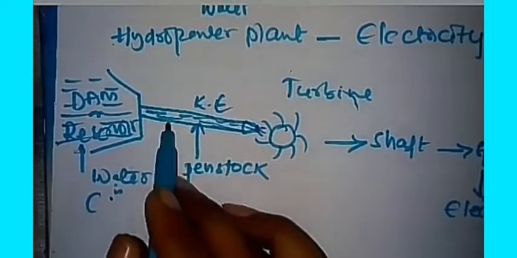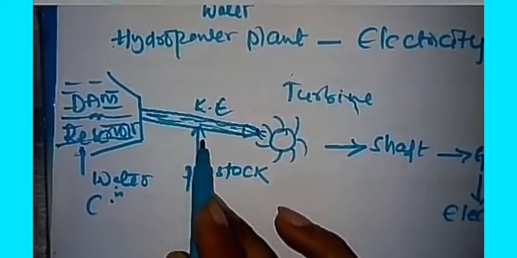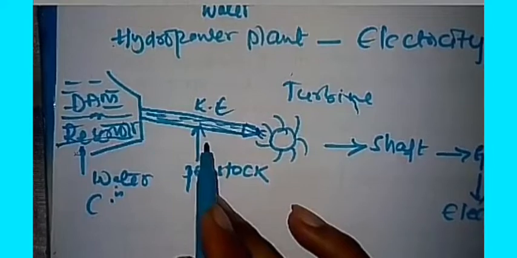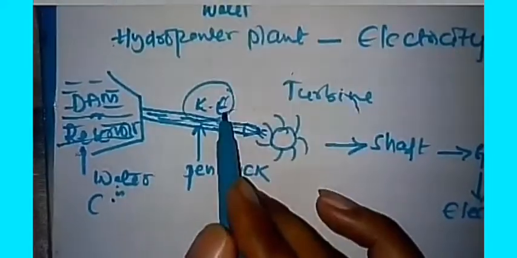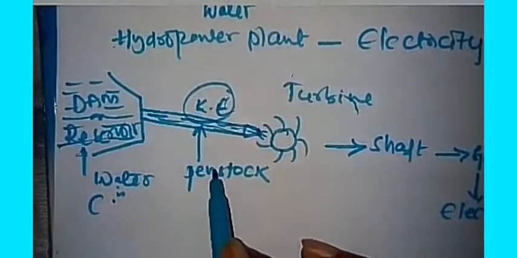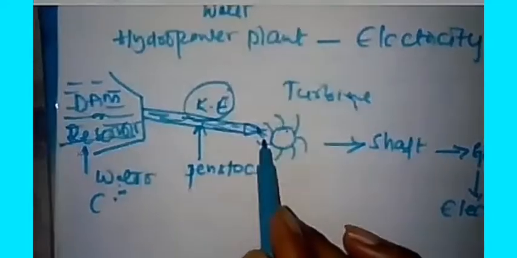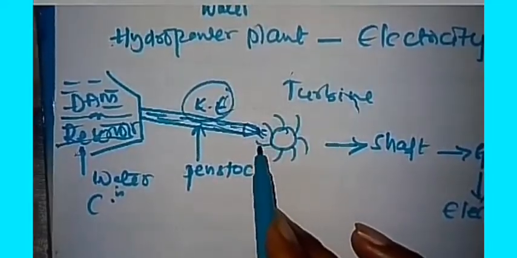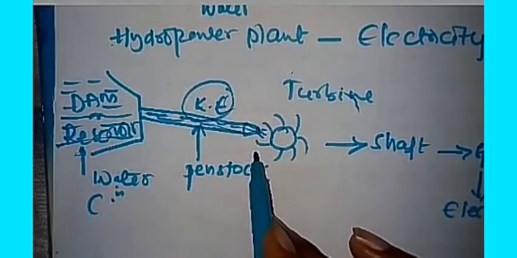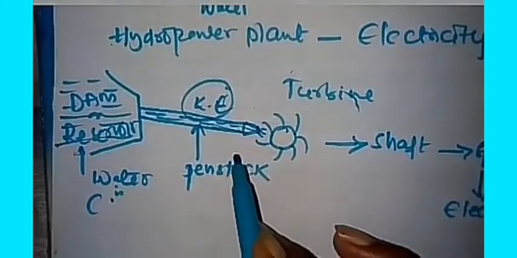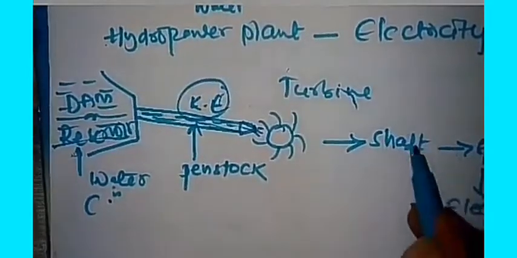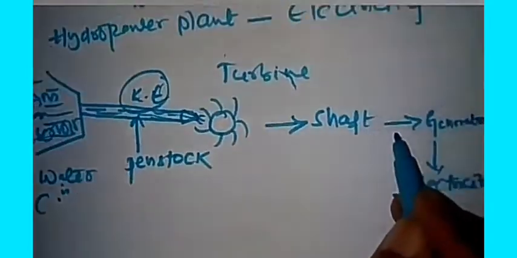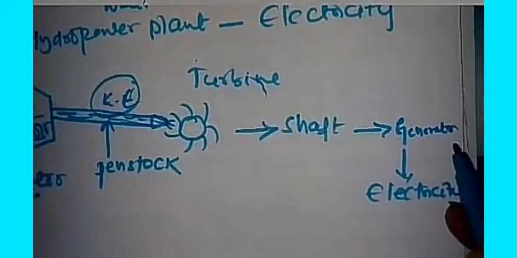Now when the water is released towards the penstock, the potential energy of water converts into kinetic energy, and the higher velocity fluid hits the turbine blade, due to which the turbine rotates, and in turn the shaft also rotates. This shaft is connected with the generator.